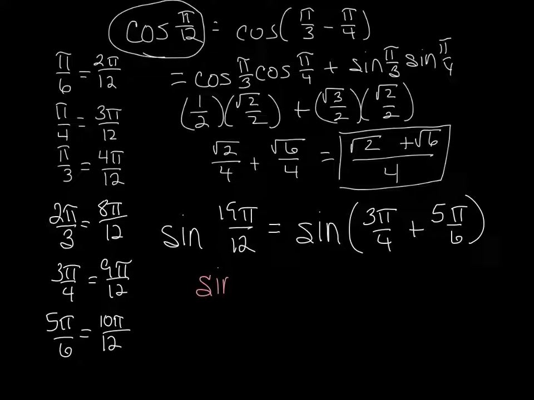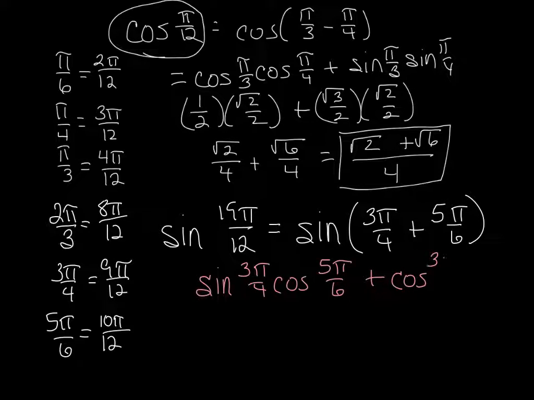The sine of 3 pi over 4 times the cosine of 5 pi over 6 plus the cosine of 3 pi over 4 sine of 5 pi over 6.